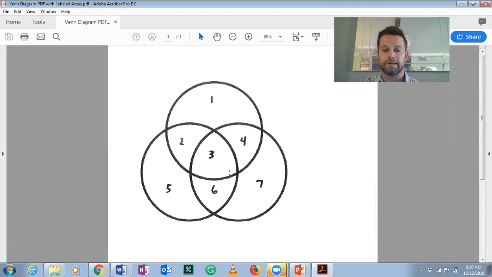Which actually is impossible. Let's say there was an X on the line between 2 and 3. Then one of the answer choices would be areas 6 and 7 are shaded, and an X is on the line between areas 2 and 3. And you would select that answer because when you appropriately fill in your Venn diagram, that would be the correct answer.